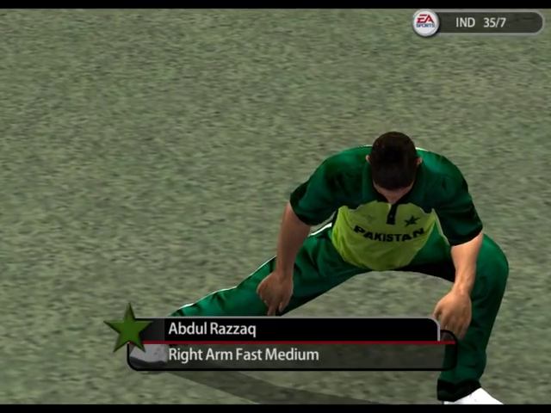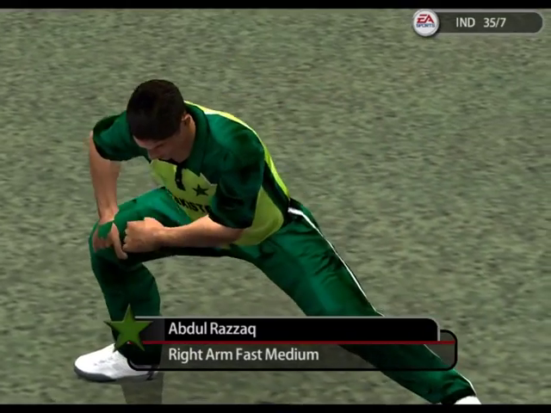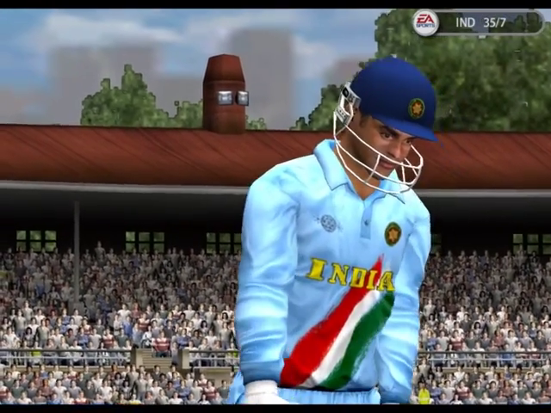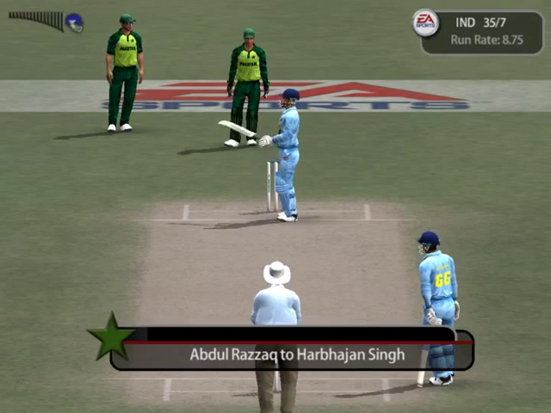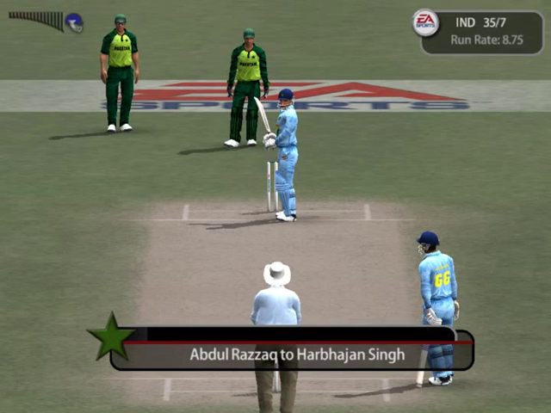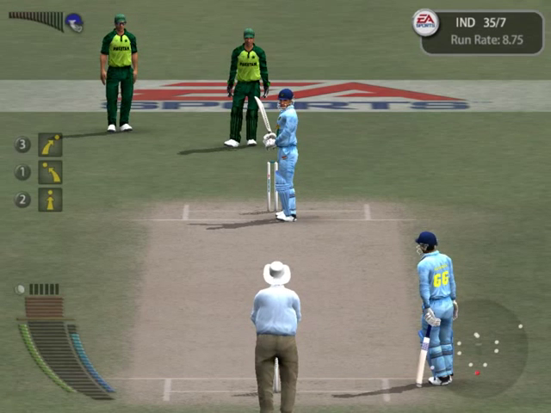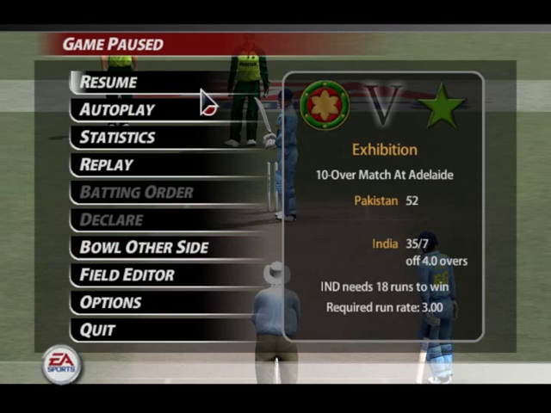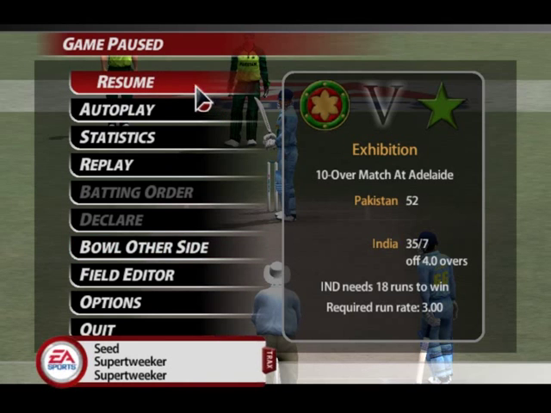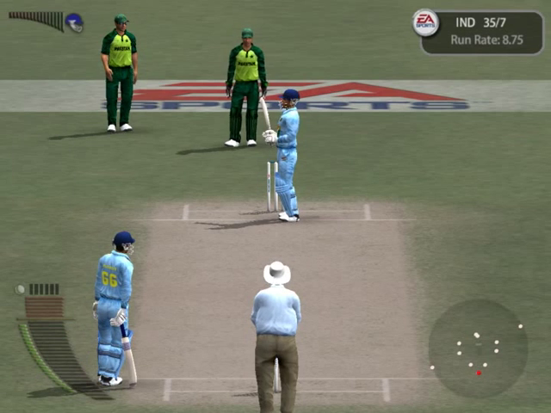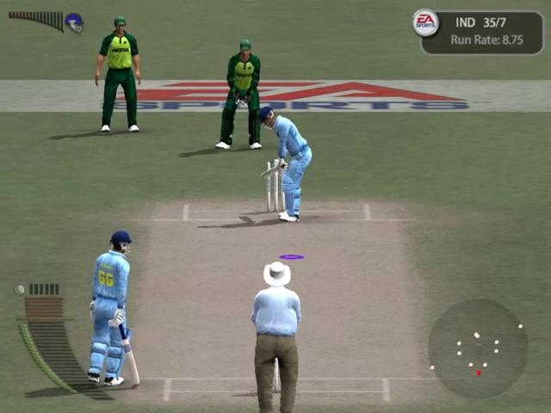Pakistan are making a change in the bowling. Harbhajan Singh waiting at the striker's end. Abdul Razak is switching to round the wicket.